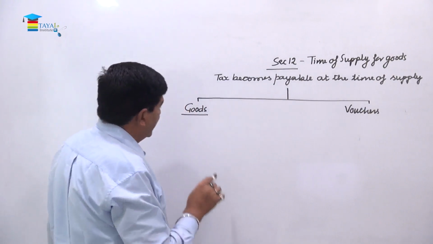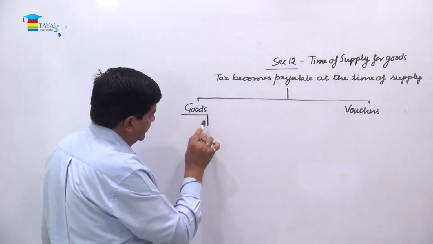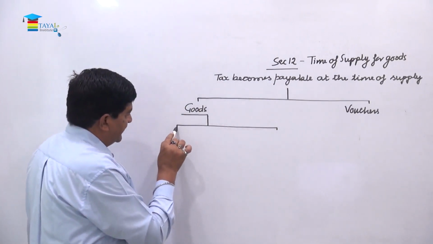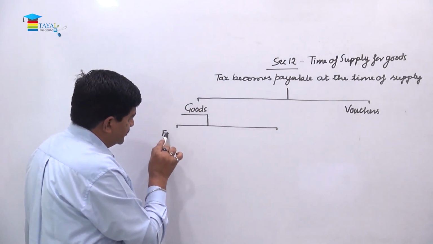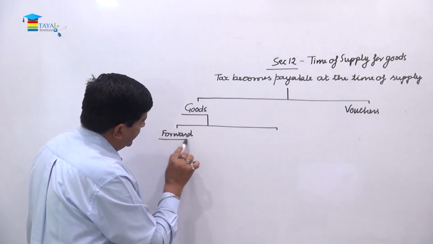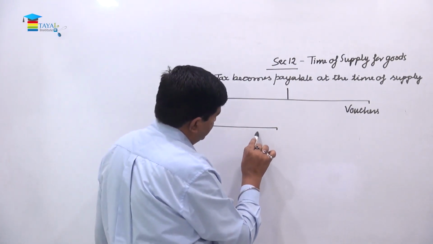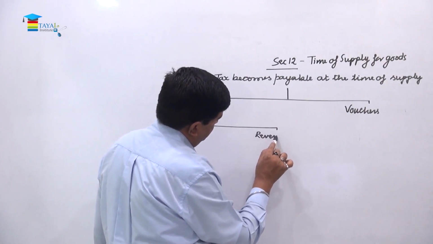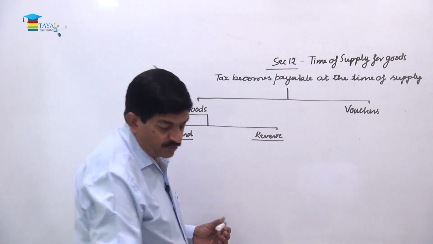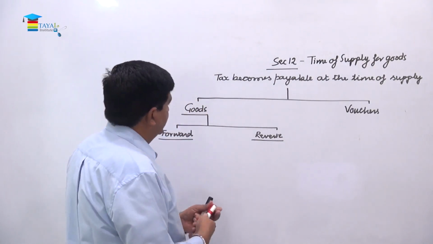Okay. Now in relation to goods, again it is divided in two parts, whether it is a case of forward charge or it is a case of reverse charge, right? Now you can put subsection numbers.